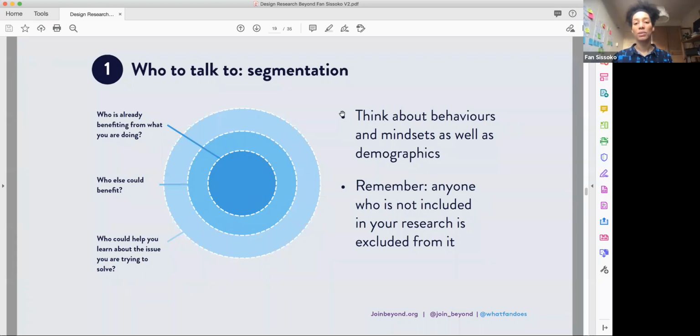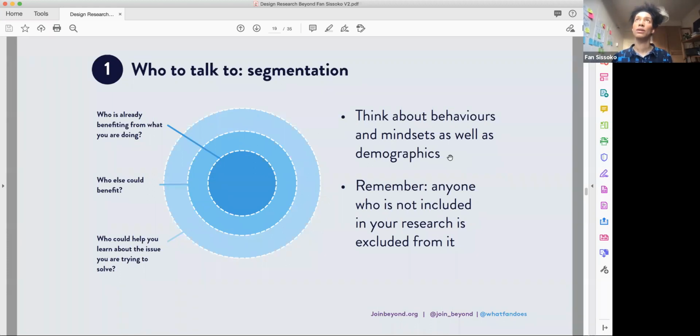And when I think about segmentation, obviously you can think about demographics. So for example, I'm designing this project and it will be really useful for me to talk to, say, young people who are experiencing a mental health issue. But it's also useful to think about behaviors and mindsets or the barriers that they might be experiencing.